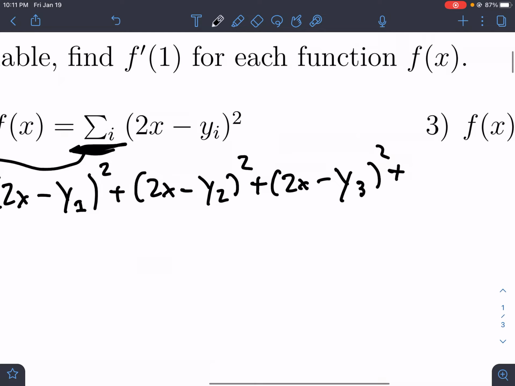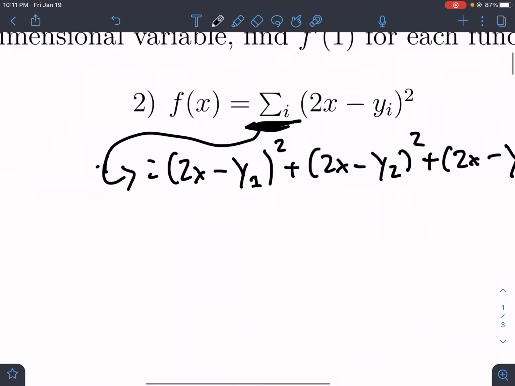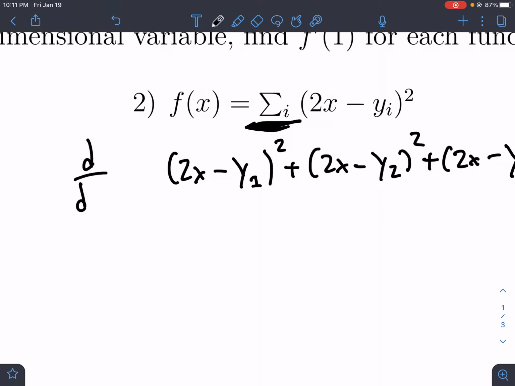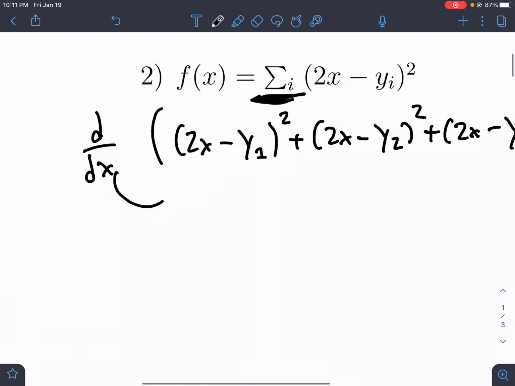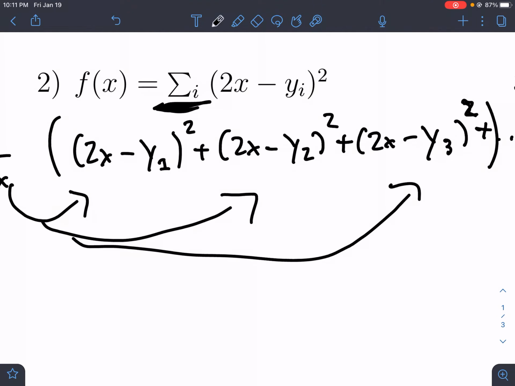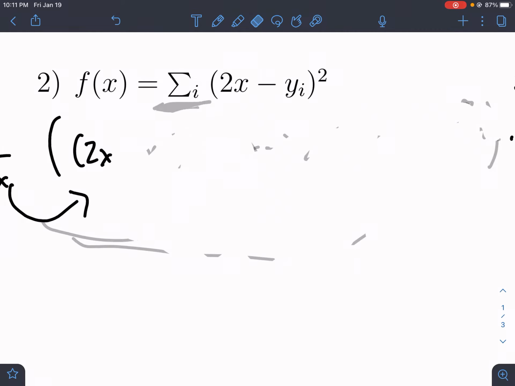And this can go on for as long as we want. But when we take the derivative with respect to x of this whole thing, the derivative just distributes out to each term. So all we need to do is find the general derivative of this term up here, and we'll be set. We can just keep the sigma notation there, and it'll all be the same.